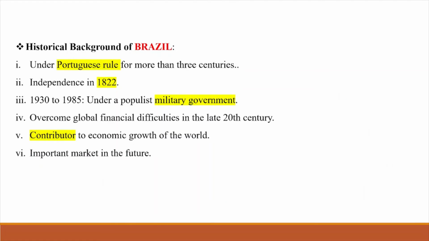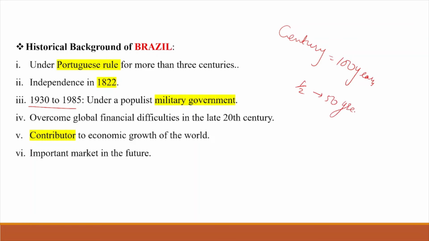Historical background, a little about Brazil. Brazil was under the Portuguese rule and they got their independence in 1822, that is in the 19th century. But again in the 20th century, between 1930 to 1985, almost half a century. Now, century means 100 years, half century will be 50 years.